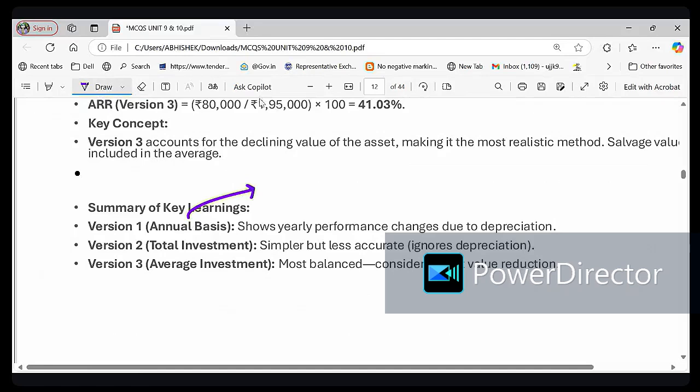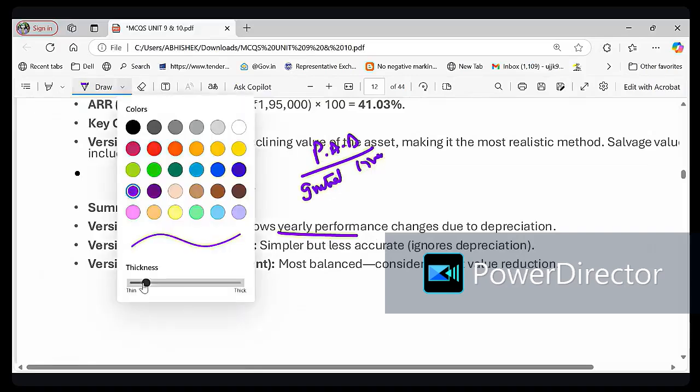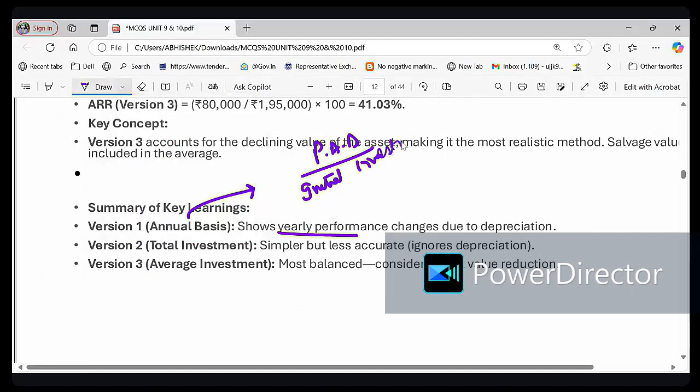In the case of ARR number 1, it shows the yearly performance. It will ask you to calculate what is the ARR over year 1, year 2, year 3. That is called yearly performance. So we write profit after depreciation in the numerator, and we write the initial investment at the beginning of the year in the denominator, into 100.